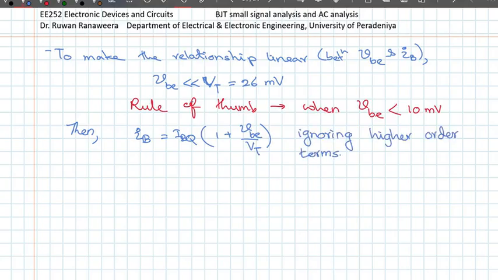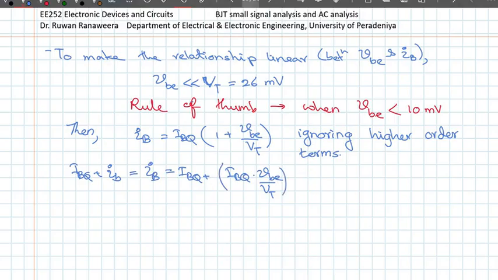Okay, so now this is equal to IBQ plus IBQ times VBE over VT. So you know this IB is equal to IBQ plus simple IB. Therefore this term has to be my simple IB.